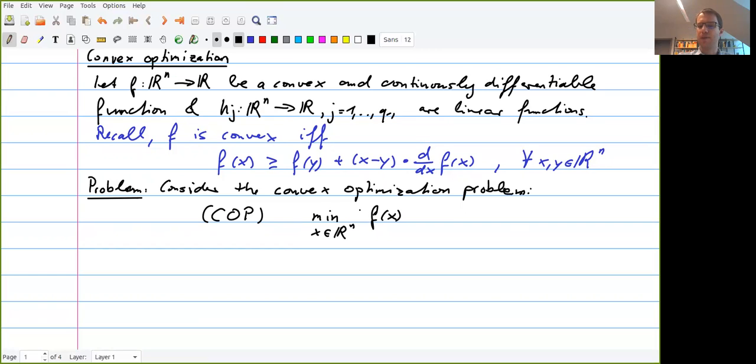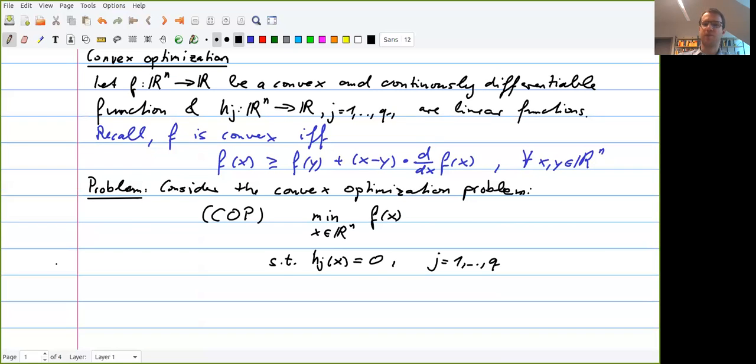So we want to find a global minimum of this convex function f under the constraint that the linear constraints are fulfilled, in the sense that if I evaluate my function h_j at point x, it has to be 0. So this is a linear function, so we talk about linear constraints here, and we might have q of them. So this is the problem we are facing.